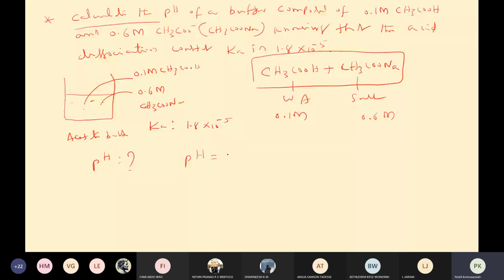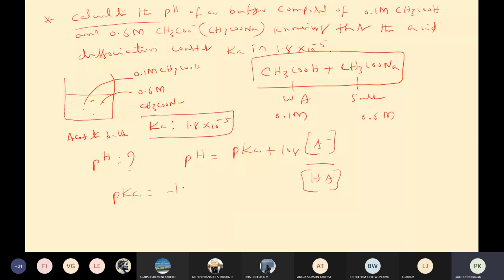You need to do the calculation using the Henderson-Hasselbalch equation, that is pH is equal to pKa plus log A minus by HA. First, Ka is given, and you need to find out pKa.